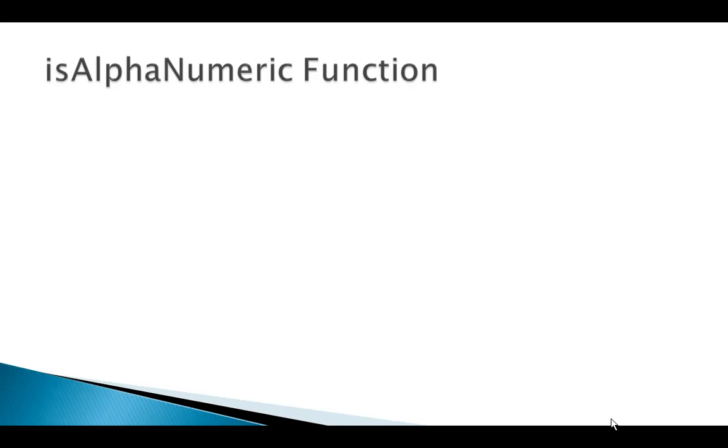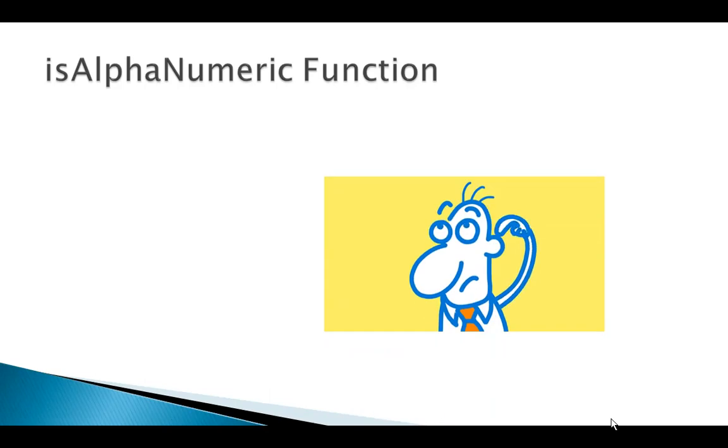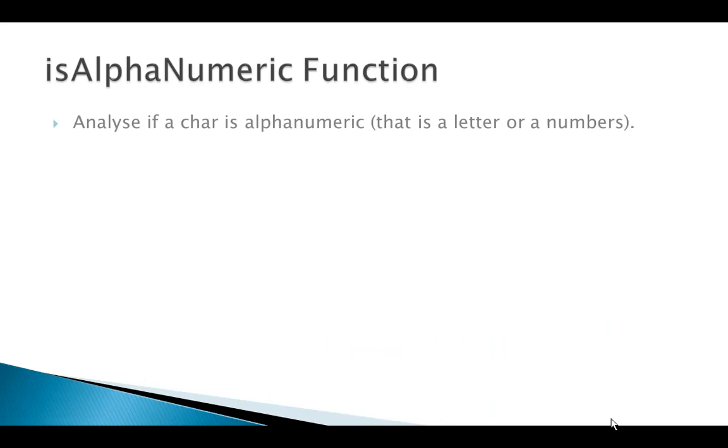We'll move on to the next function, that is the isAlphaNumeric function. You will see the syntax of this. This function will analyze if a character is alphanumeric or not, meaning it is a letter or a number.